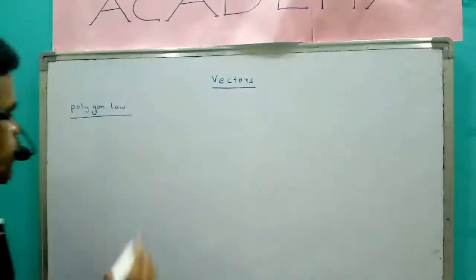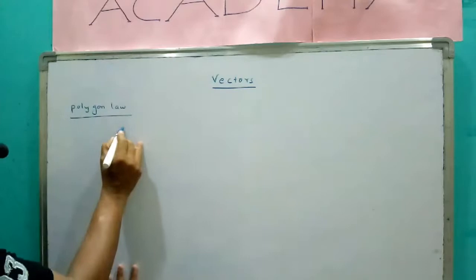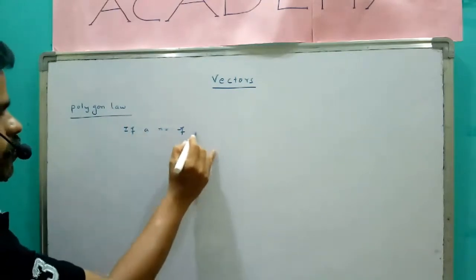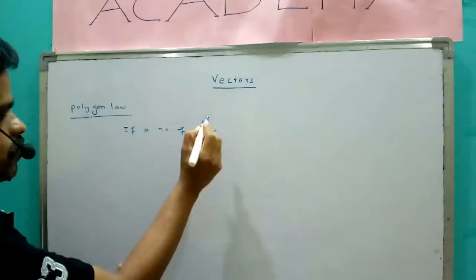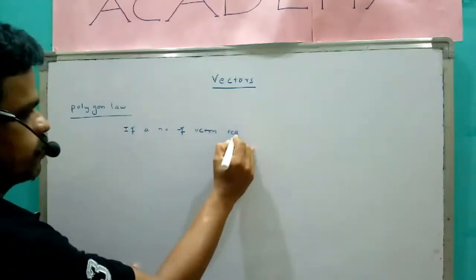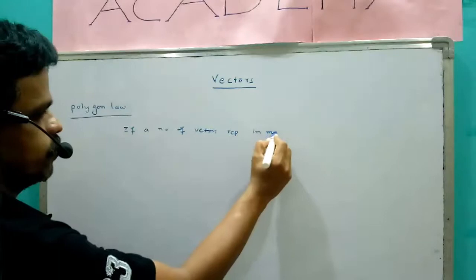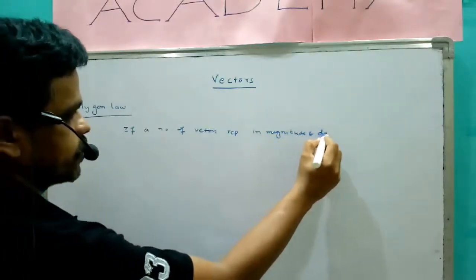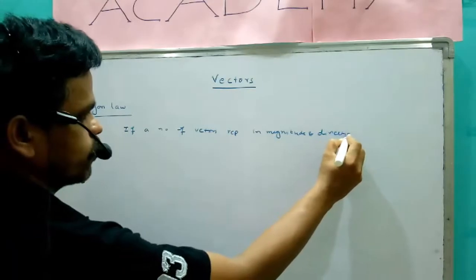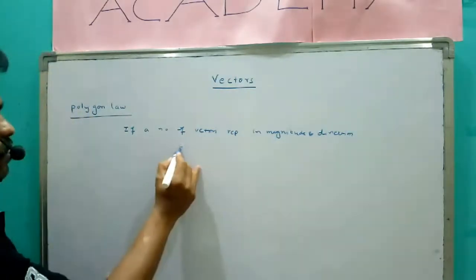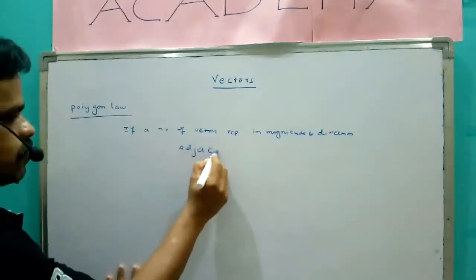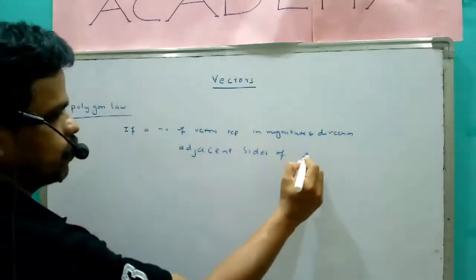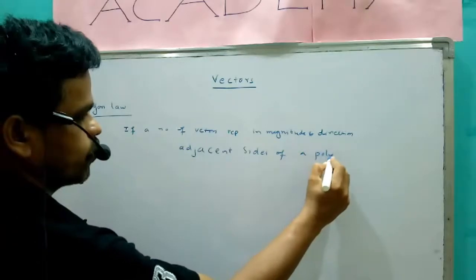So polygon law, what is it? Polygon law concerns a number of vectors represented in magnitude and direction as adjacent sides of a polygon.